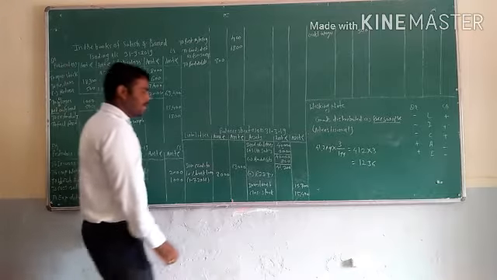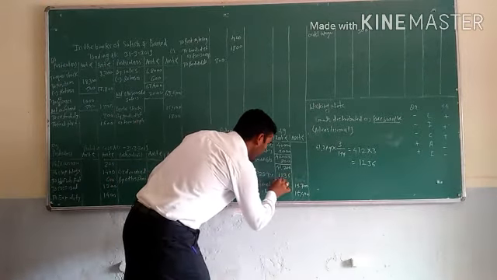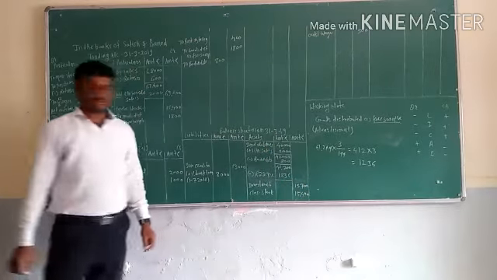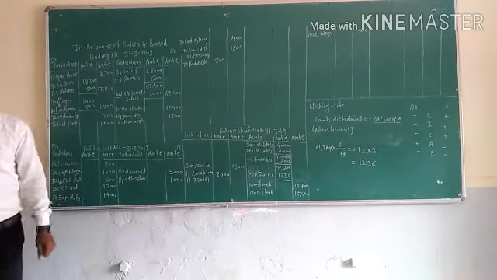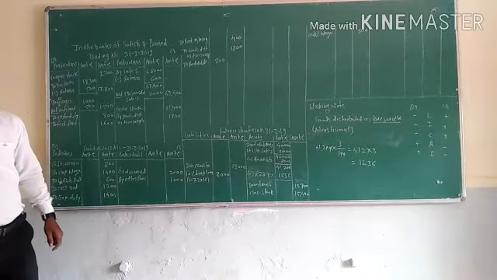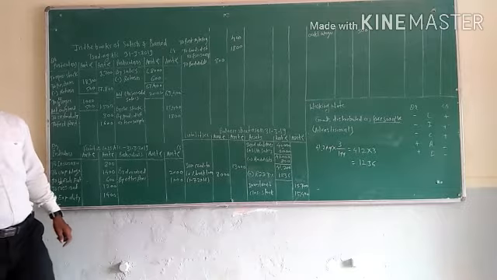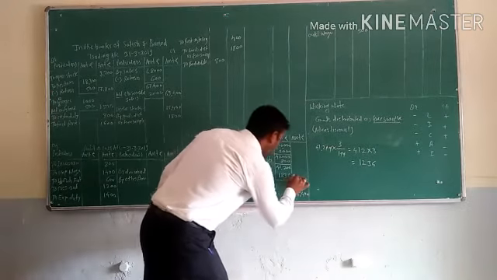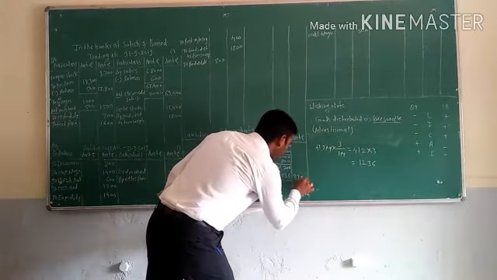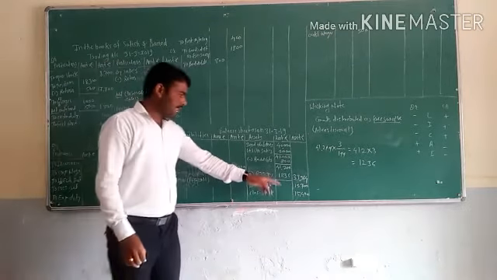So 1,236 is the amount. Record 1,236, and the outer column goes to 39,964. This is the first effect.